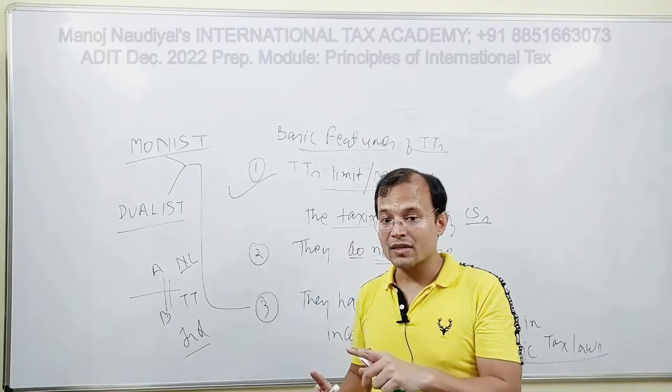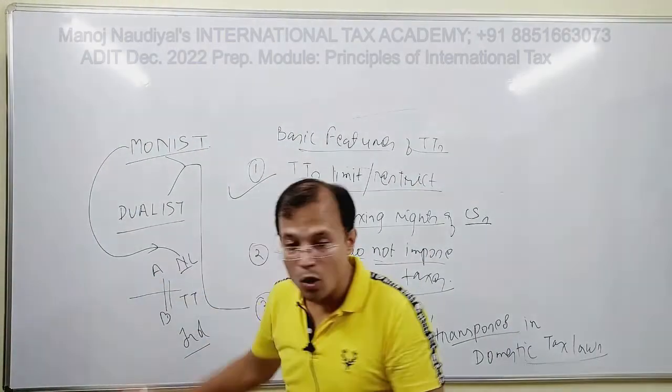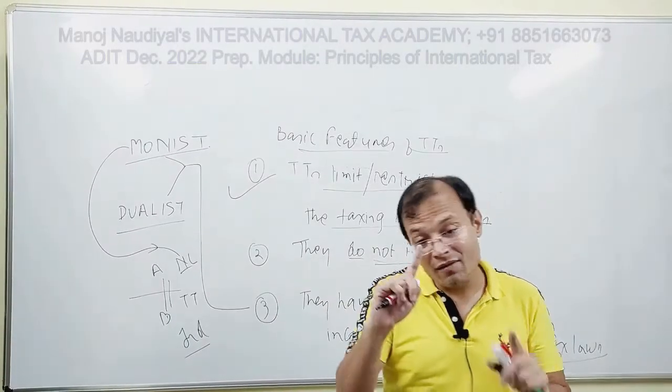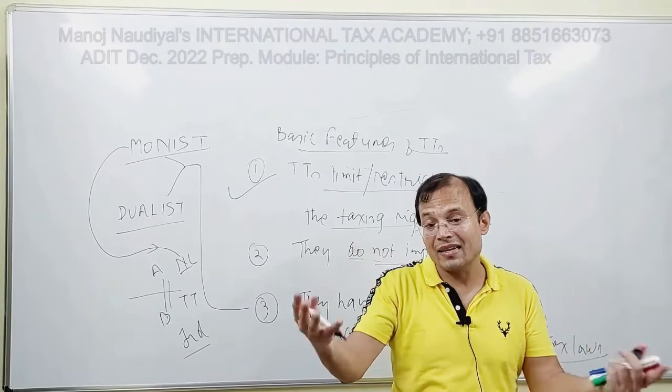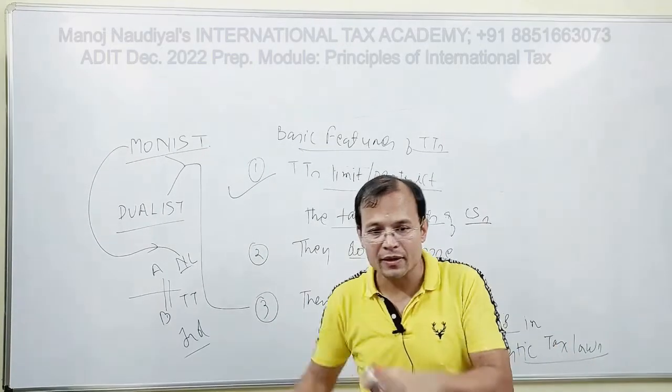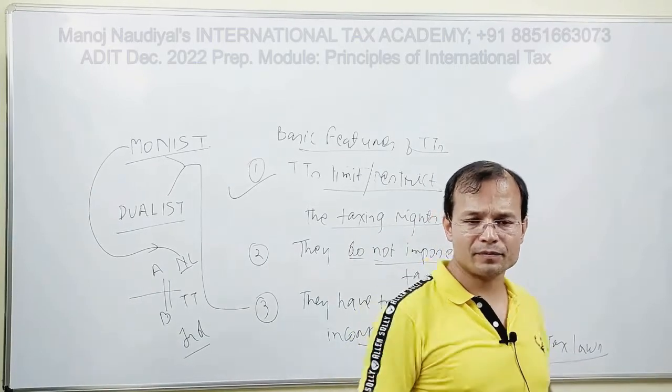Why? Because Netherlands is a monist country. Mono, one. Only one action is required for the treaty to become a part of domestic tax law, and that action is signing of the treaty. Done. Treaty automatically gets incorporated into the domestic tax law.